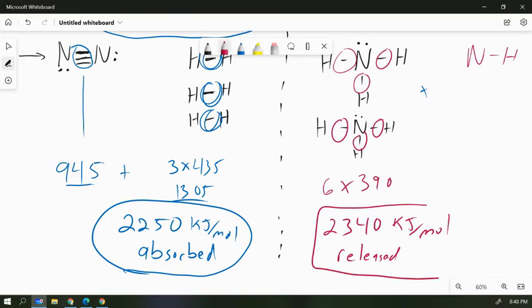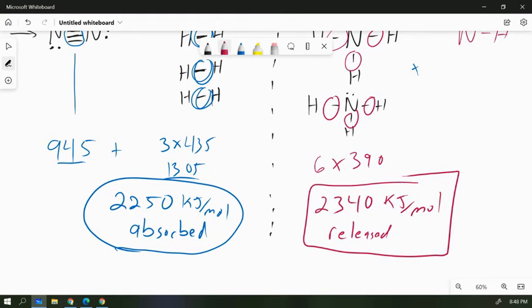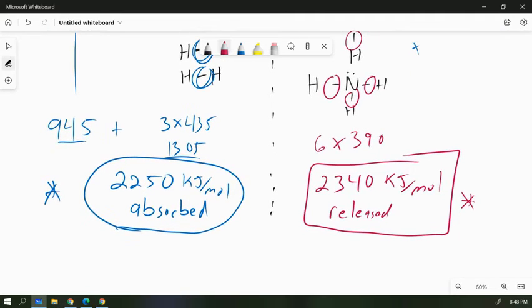So now we can compare these numbers. Overall, we had the bond breaking, which was over here. We broke bonds, and that took 2250. On the other side, we formed new bonds, and that was 2340 kilojoules per mole. So overall, is more energy absorbed or released?